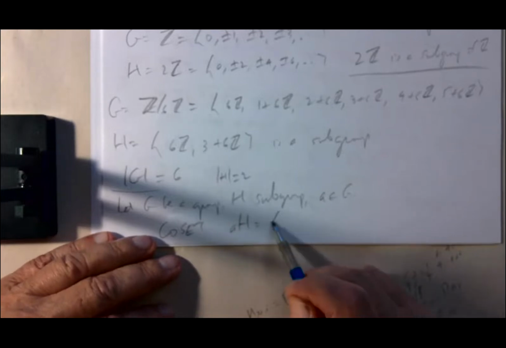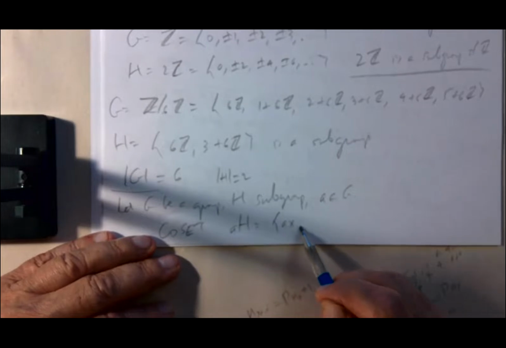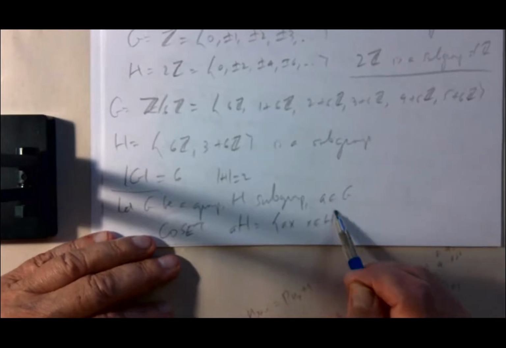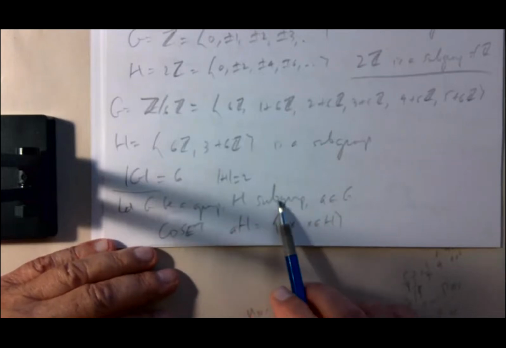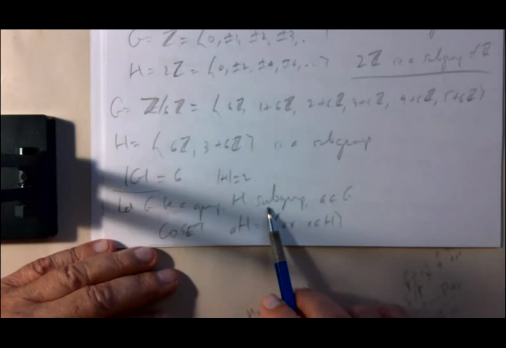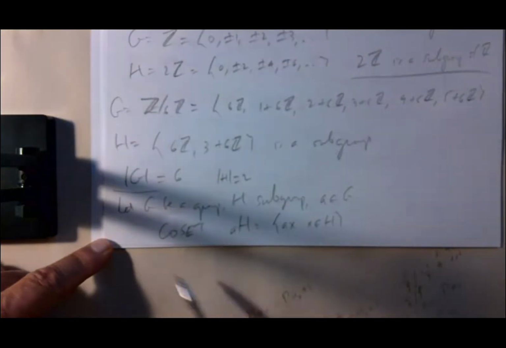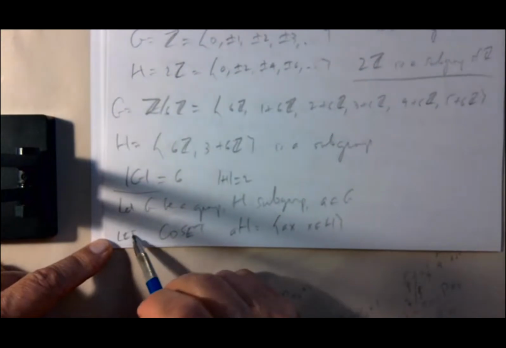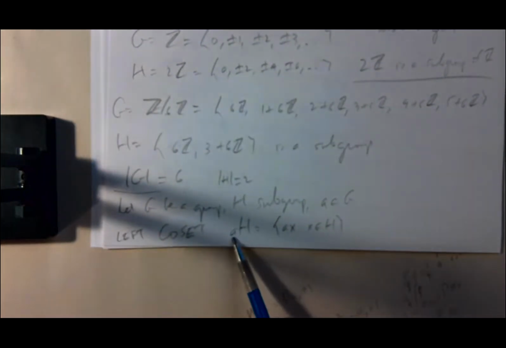This is the set of all elements of the form AX, where X runs through H. Take every element of the subgroup, multiply it on the left by A, and we get a coset. This is also called a left coset because I'm multiplying on the left by A.